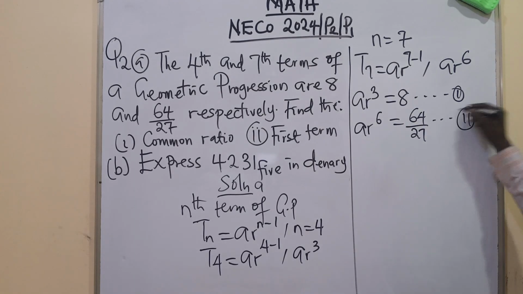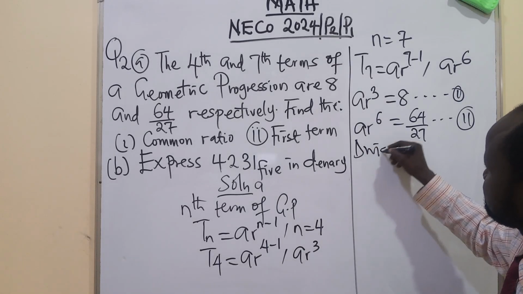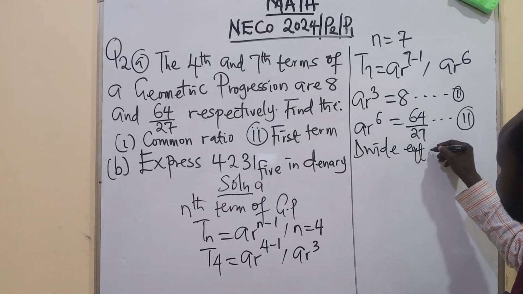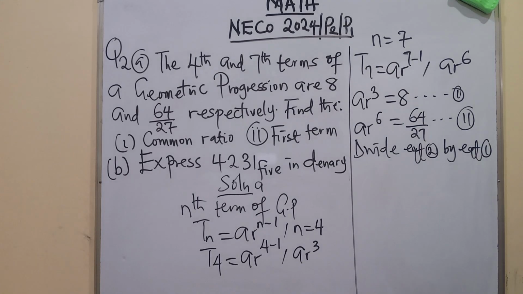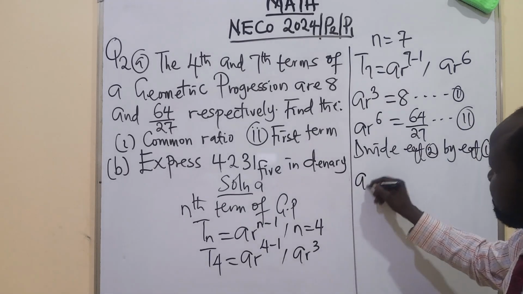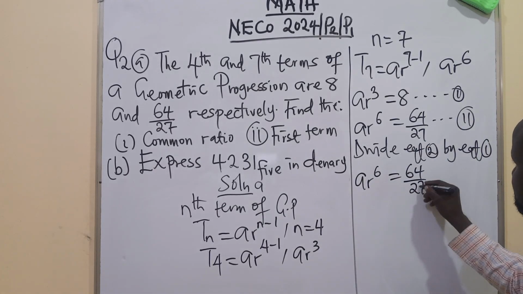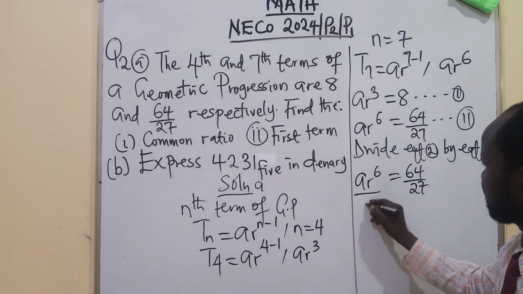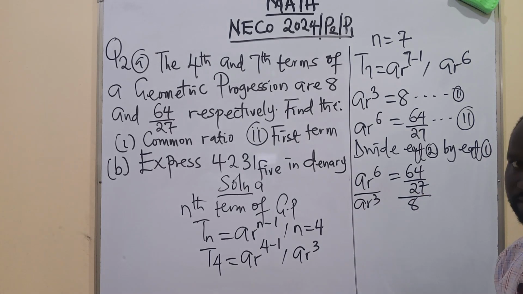Let's call this equation 2. At this point, we can divide equation 2 by equation 1. That means AR power 6 equals 64 divided by 27, divided by AR power 3 equals 8.